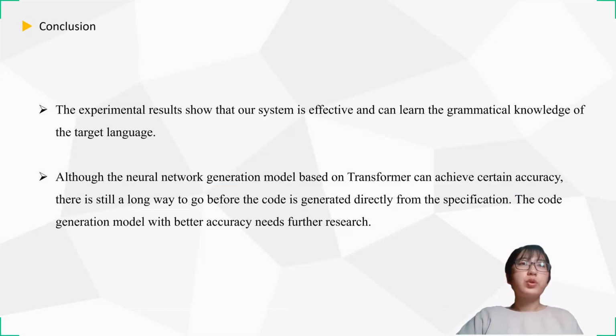Although the neural network generation model based on transformer can achieve certain accuracy, there is still a long way to go before code is generated directly from the specification. The code generation model with better accuracy needs further research.